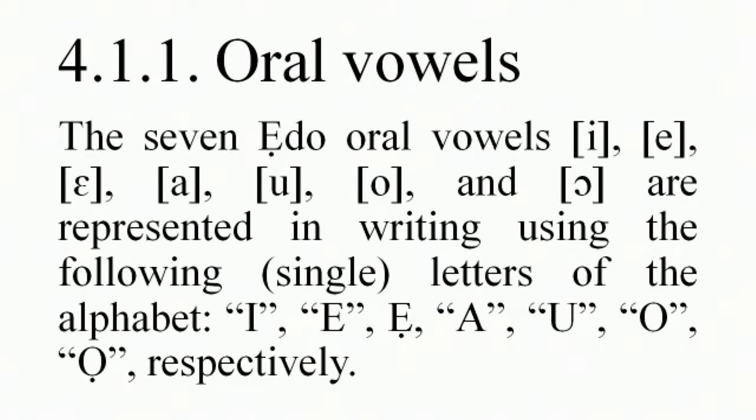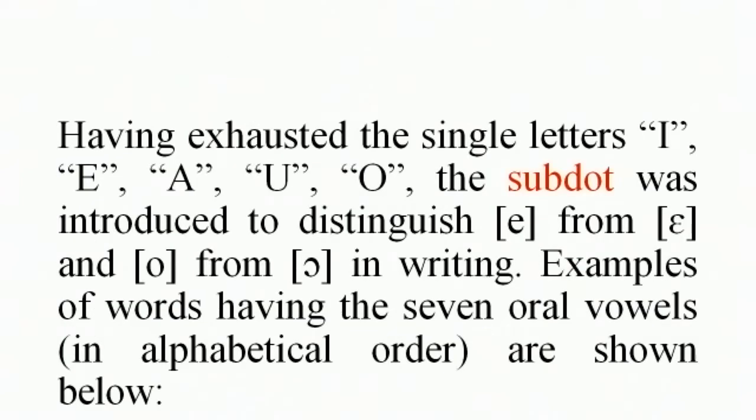The letter I is used for the sound E. The letter E is used for the sound A. The letter E with a subdot is used for the sound E. And the letter A is used for the sound A. The letter U is used for the sound U. And the letter O for the sound O. Then the letter O with a subdot is used for the sound O. So anywhere you have any of those sounds pronounced, you use the appropriate letters of the Roman alphabet.